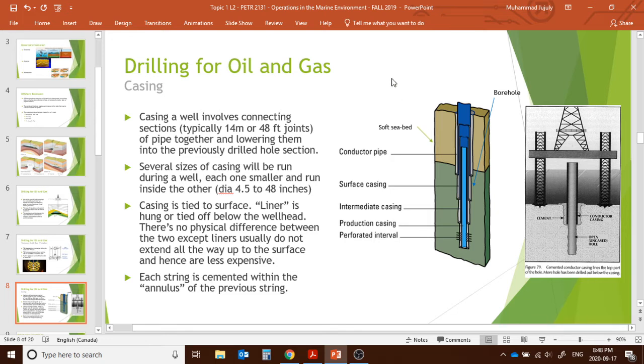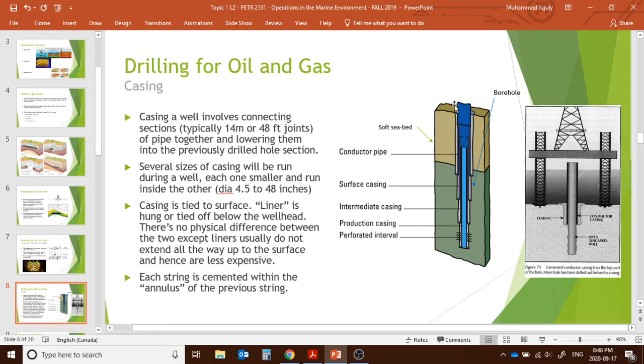What is casing? In our mobile phone, we use casing. Why do we use casing? Many of us use an extra type of casing just to protect our mobile phone, or cellular phone. The work of casing is very similar to that.